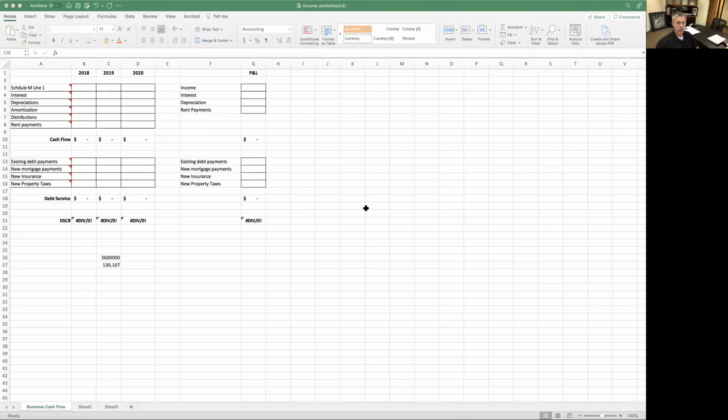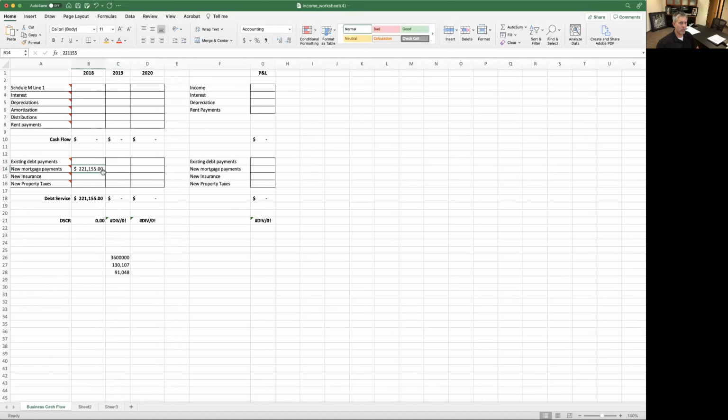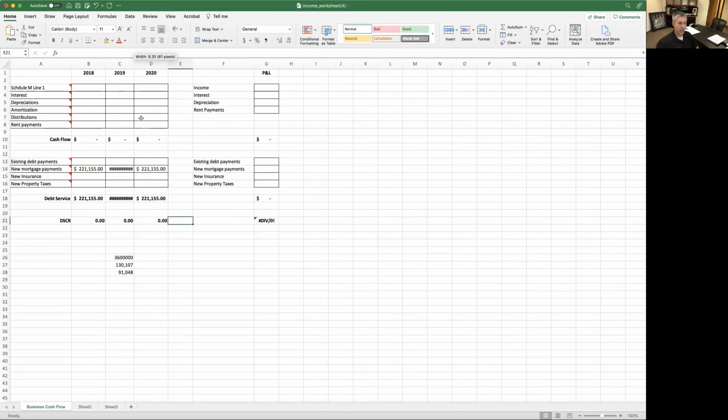So that payment is $91,048. Obviously, there's some change, but that means your cumulative payment is $221,155. So you're going to put that across the board, so you know what your payments are.